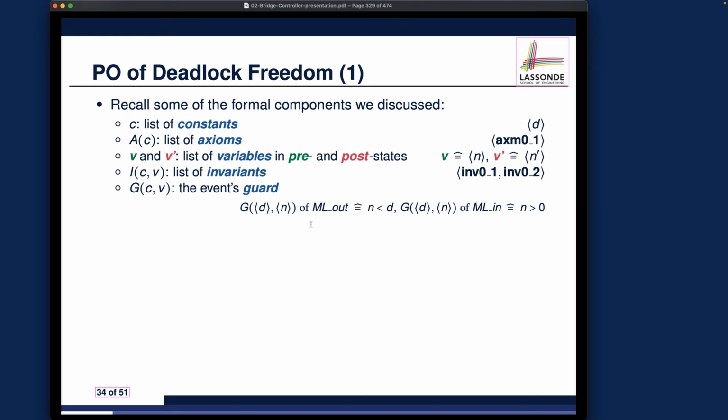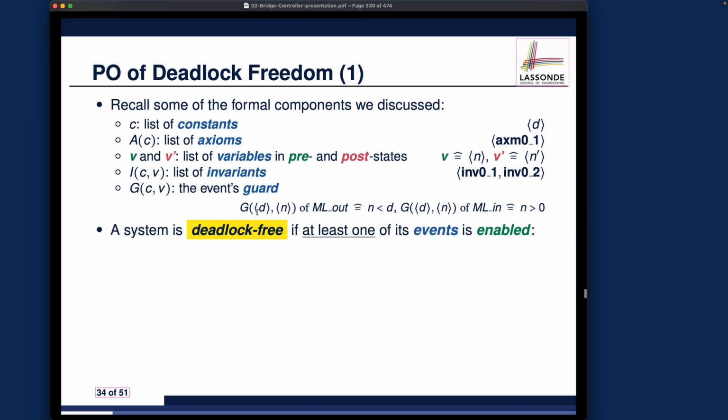Specifically, because deadlock is a consequence of all the guards for all the events not evaluating to true. They are simply evaluating to false, meaning that all the events are disabled. So the guards are particularly relevant in the case of deadlock freedom, right? I'm going to let you review all the components if necessary, because we spoke about it in detail in the earlier part, so we don't have to repeat it right now.